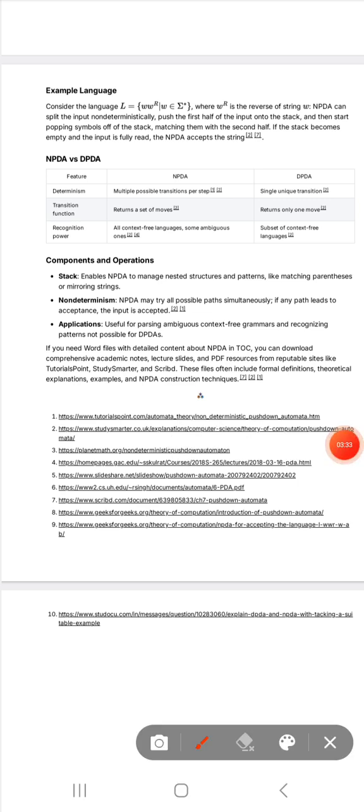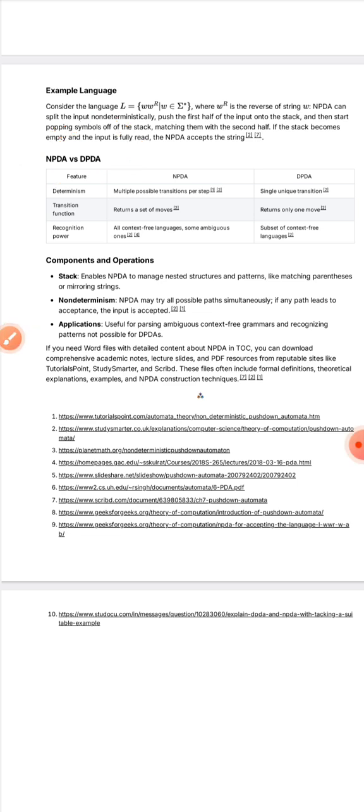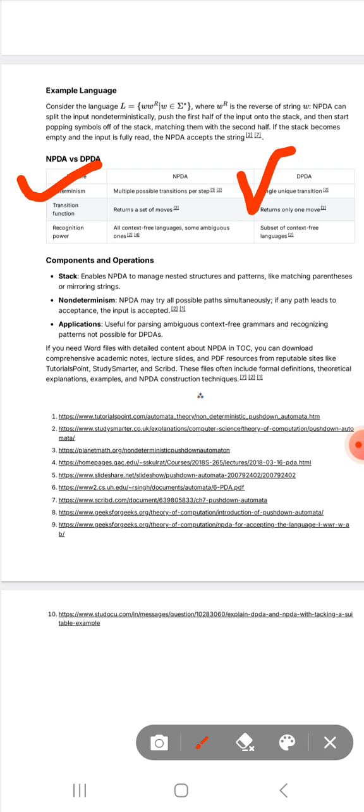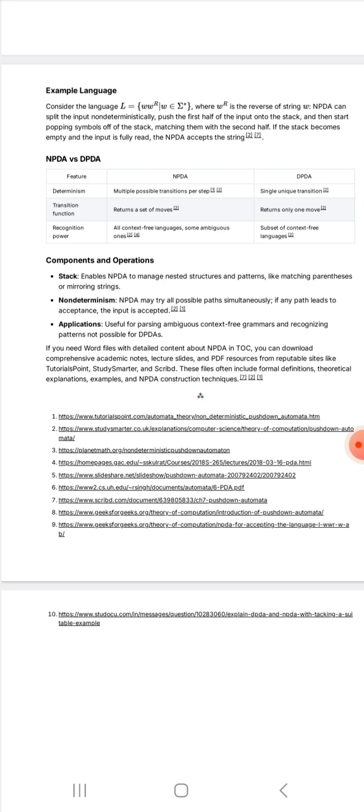Next is a very important part, the difference between NPDA versus PDA, that is, non-deterministic push-down automata versus deterministic push-down automata. Here we will determine this difference based on these features: determinism, transition function, and recognition power. Continuing with the first difference, in the case of NPDA, non-determinism leads to multiple possible transitions per step, whereas for DPDA, a single unique transition is needed.